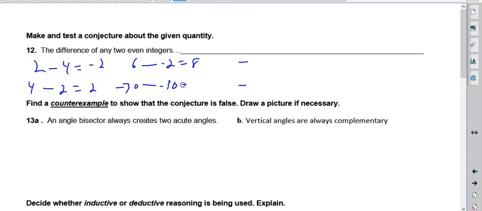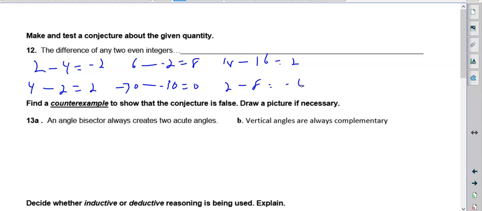Well, that becomes plus, so that's 0. 18 minus 16, well, that's 2. 2 minus 8, that's -6.